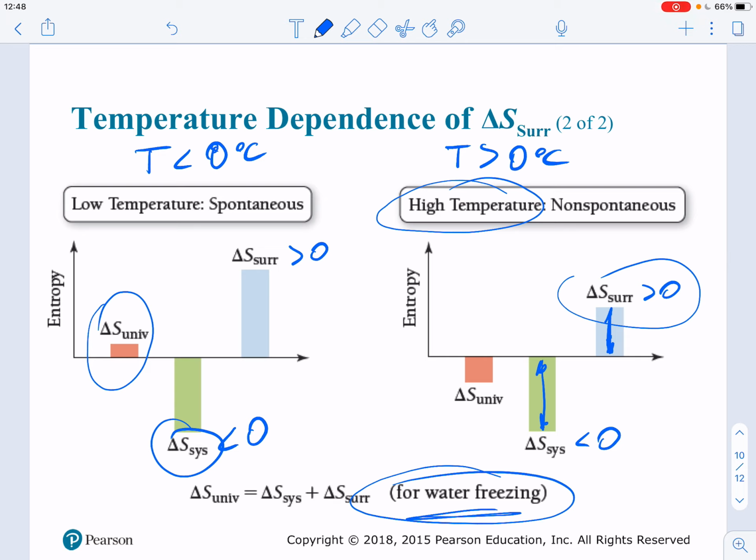However, I want you to keep in mind, this is really important: it is not always based on 0 Celsius. It will depend on the system.